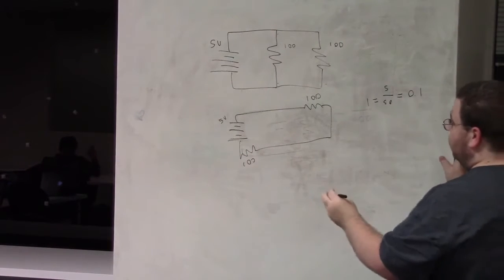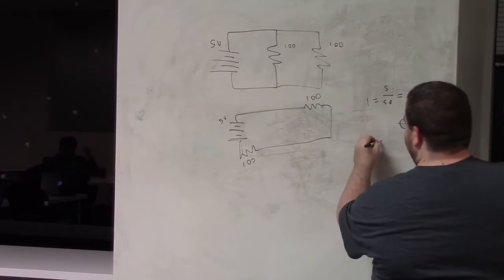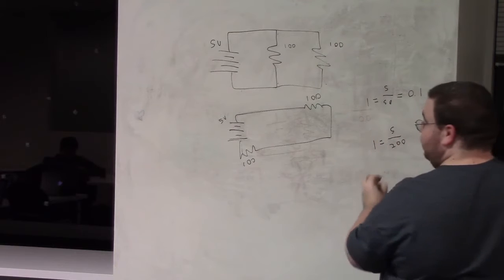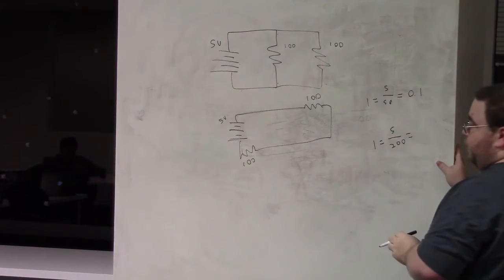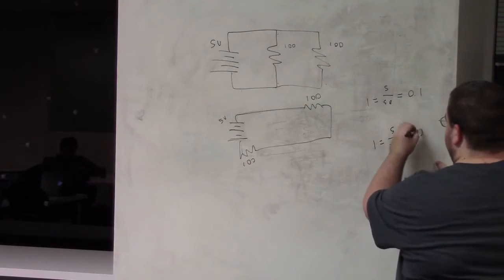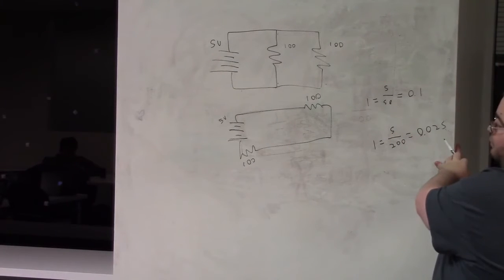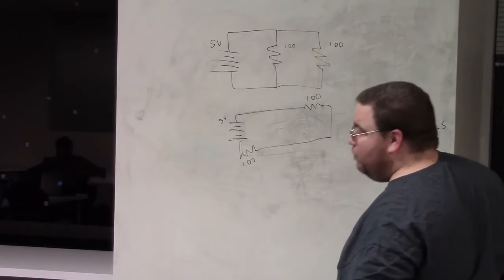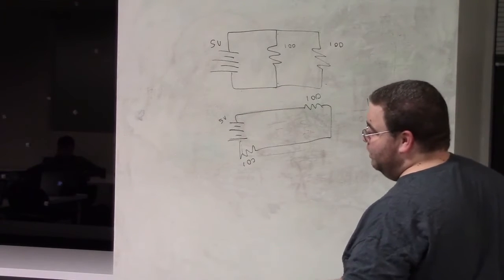So now we have a total of 200 ohms in the whole circuit, which means I equals 5 over 200, which is, 5 over 100 is 0.05. 0.025. See? It's a quarter as much amperage. Because the current going through the light bulb is what makes it light up, having a quarter as much means that it's going to be a quarter as bright.